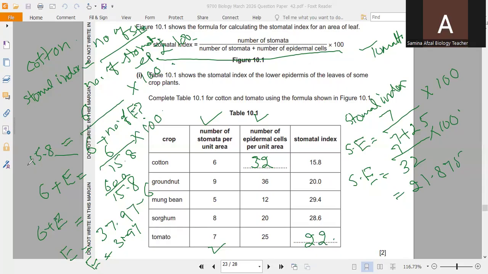So these are the values which you can calculate by yourself because they are very simple values. So we are moving towards the next part of this question after calculating it. Or you can also write it as 21.88.